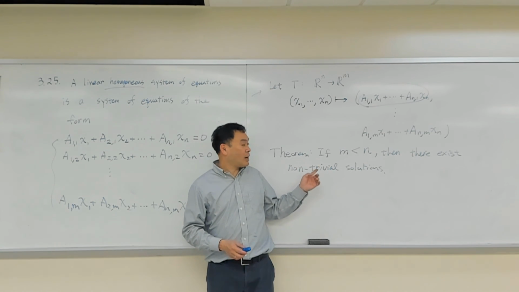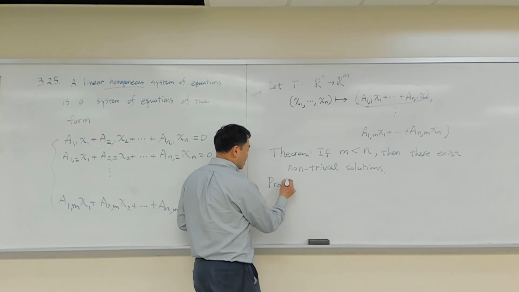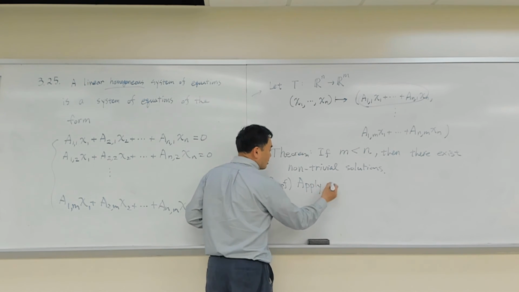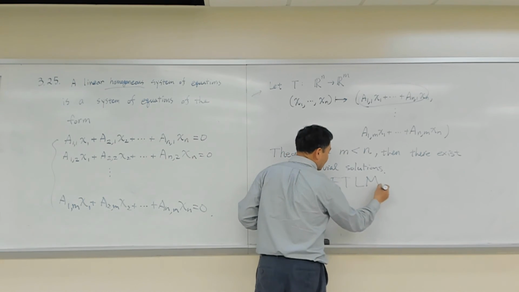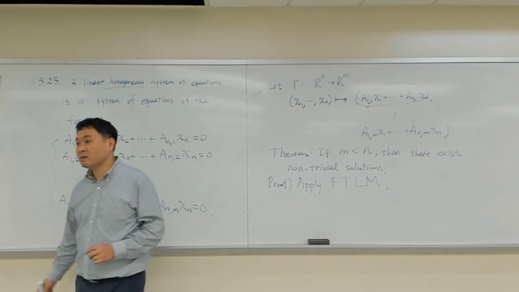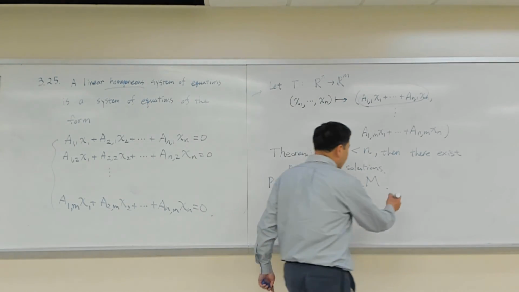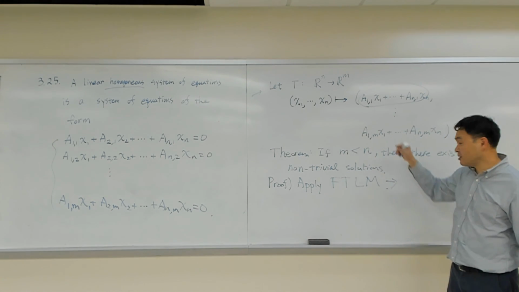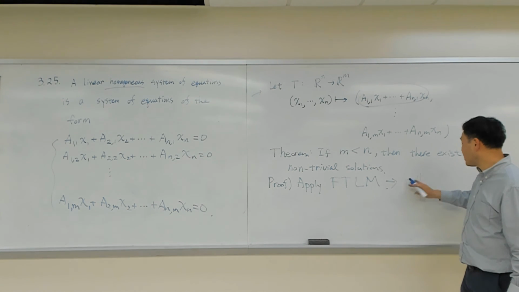Now, how do you prove it? Well, proof. Apply the fundamental theorem of linear maps, FTLM. We apply that for this T. That says null of T has a positive dimension.